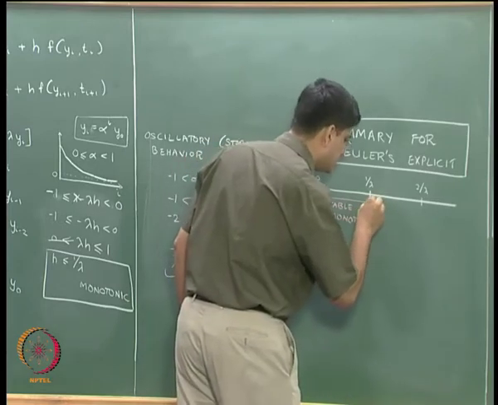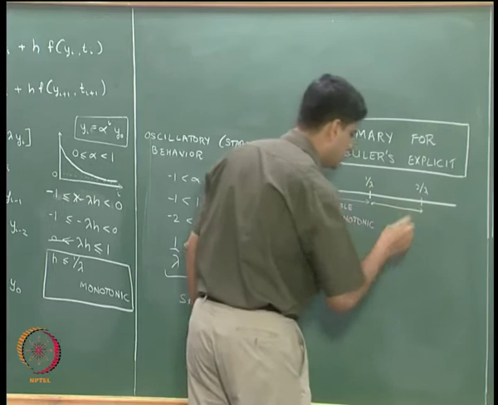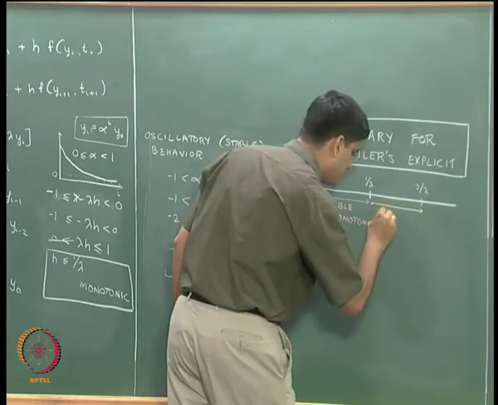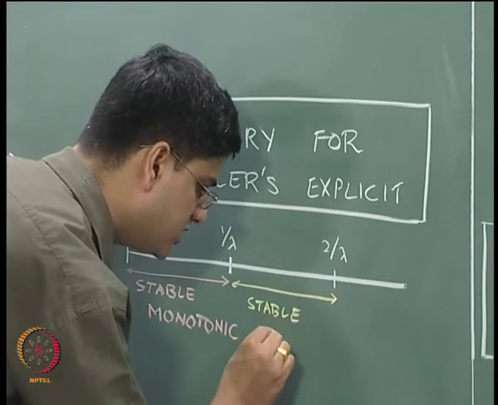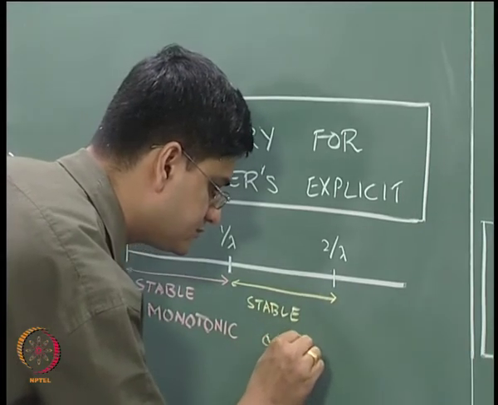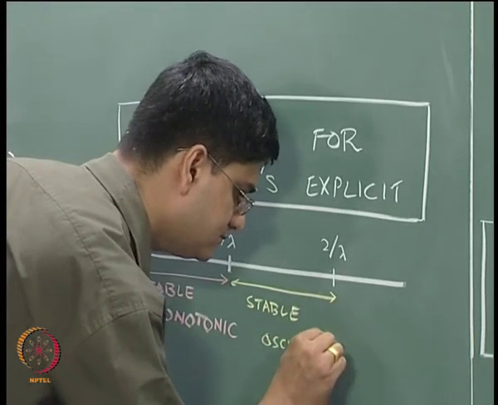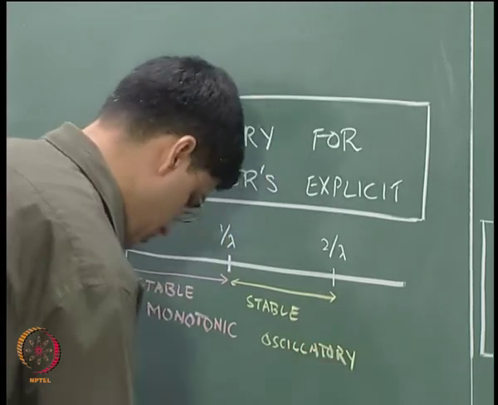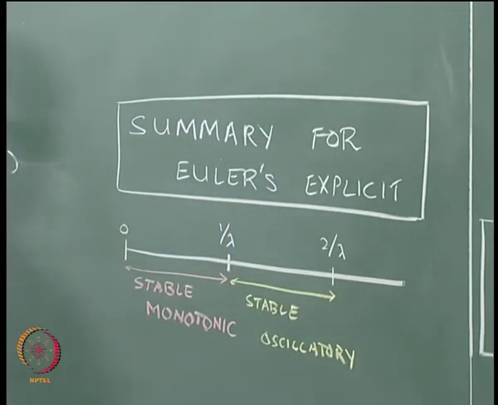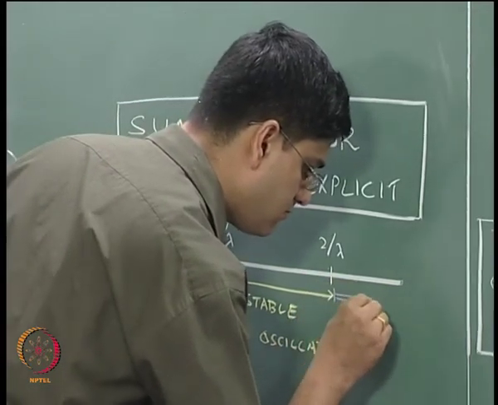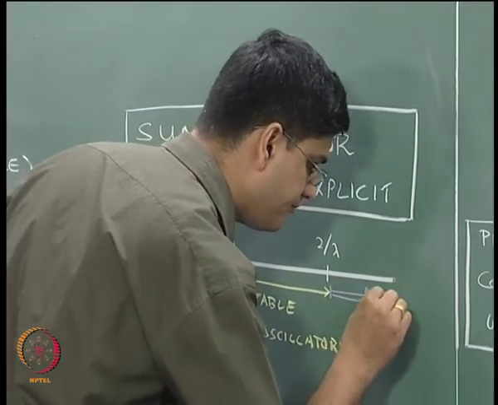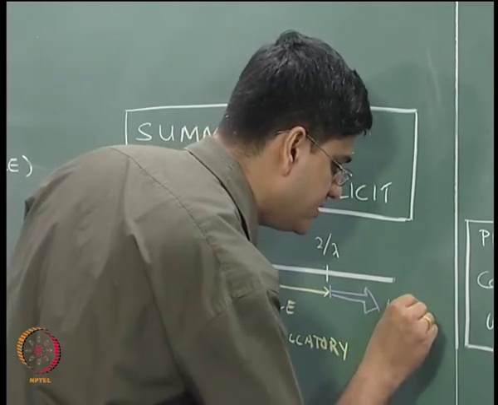If h lies in this yellow region, we have stable but oscillatory behavior. And if h lies beyond this, we have unstable behavior.